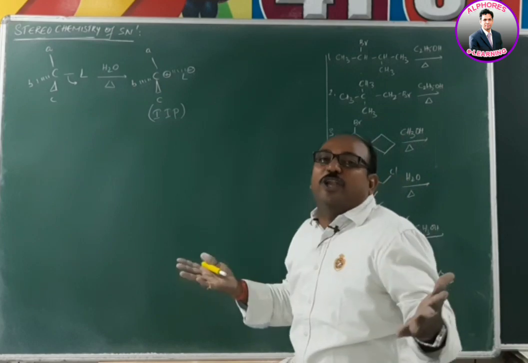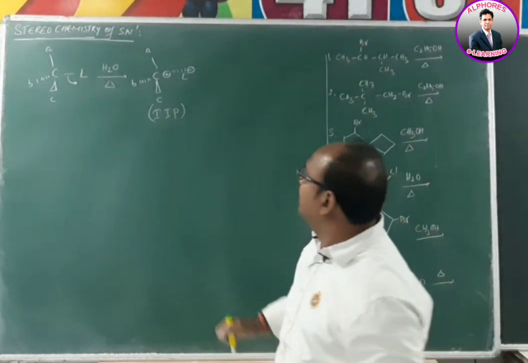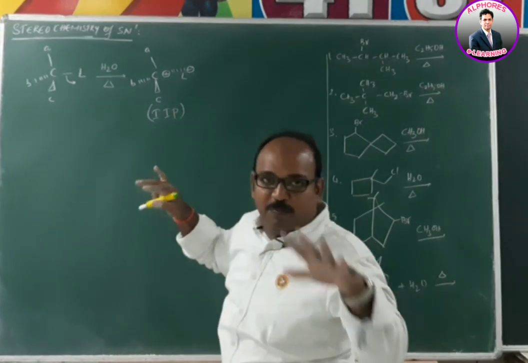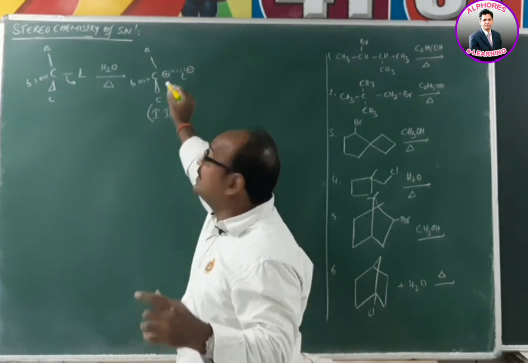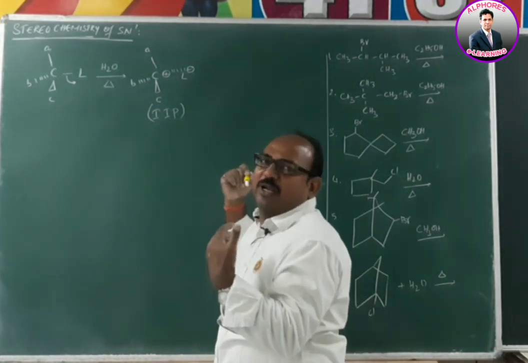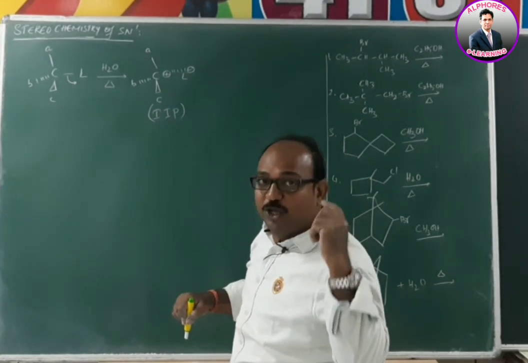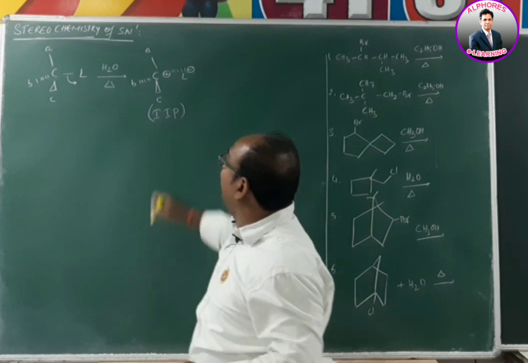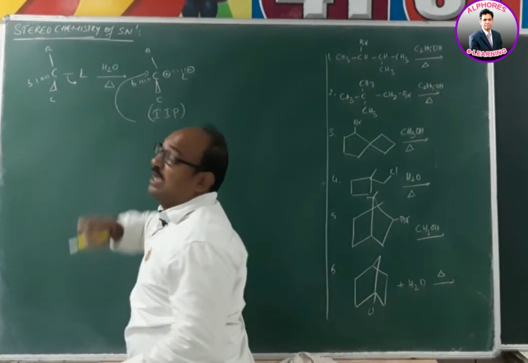So as long as the intimate ion pair exists, the path is not cleared, because the leaving group has not completely departed. Now there is only one possibility for a nucleophile to attack the positive charge, and that is from the rear side.